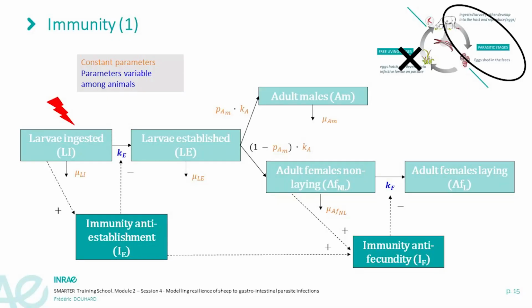So we change this parameter, which is the fecundity, and we observed no effect here. This is because we only played on the late part of the process, and the larva establishment has not been affected. So this is just a logical consequence.